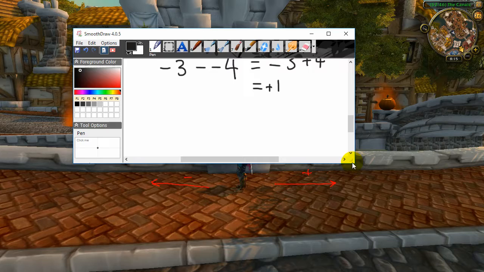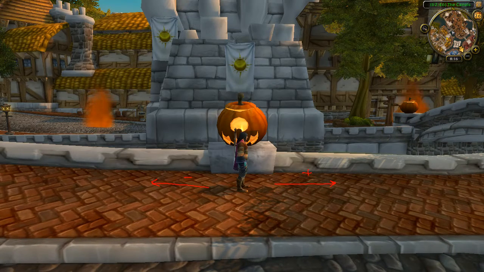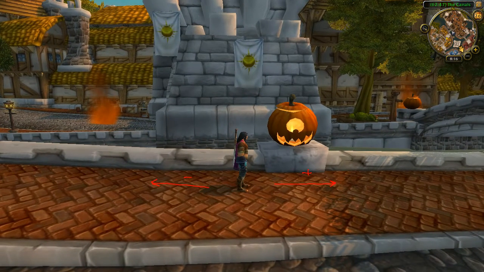Okay, so let's now do multiplication. So let's do -2 times 3. What does that mean when I use the times symbol? That means I'm going to go back to -2. So let's go 1, 2. And I'm going to repeat that 3 times.